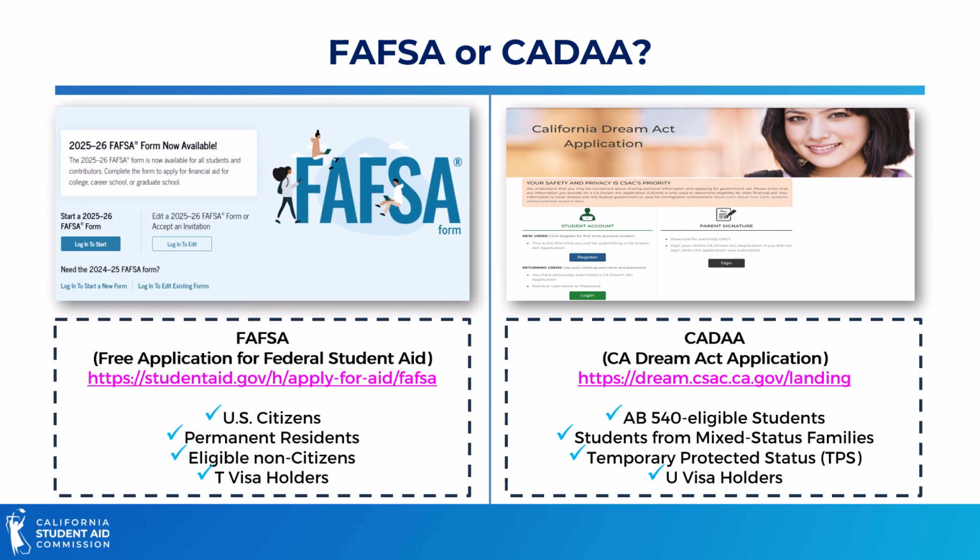U.S. citizens, permanent residents, eligible non-citizens, and T visa holders should file the FAFSA, while undocumented students, DACA holders, U visa holders, and individuals with temporary protected status who are eligible under AB 540 should file the California DREAM Act application or the CADA. Students from mixed status families can now file CADA for MSF, which asks different pre-registration questions to lead the student to the correct application, either the traditional CADA pathway or CADA for MSF pathway.